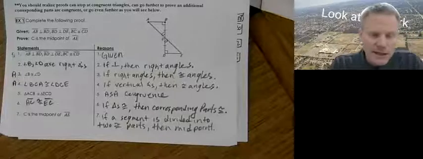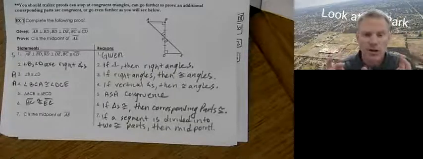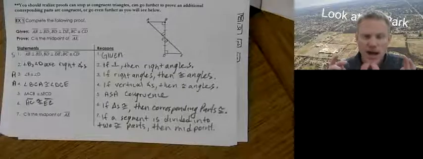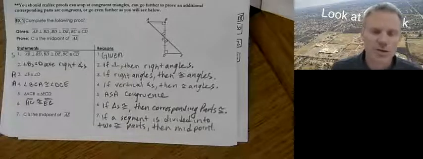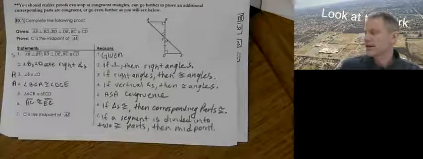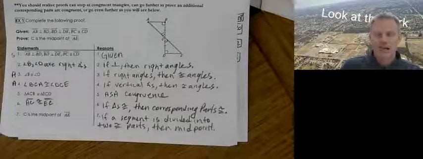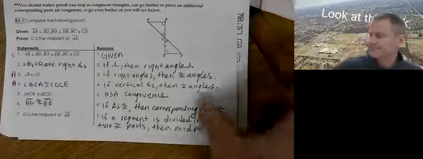The big segment is divided into two congruent parts, then that spot in the middle is a midpoint. You could use some more words in there if you like. Any questions about that?